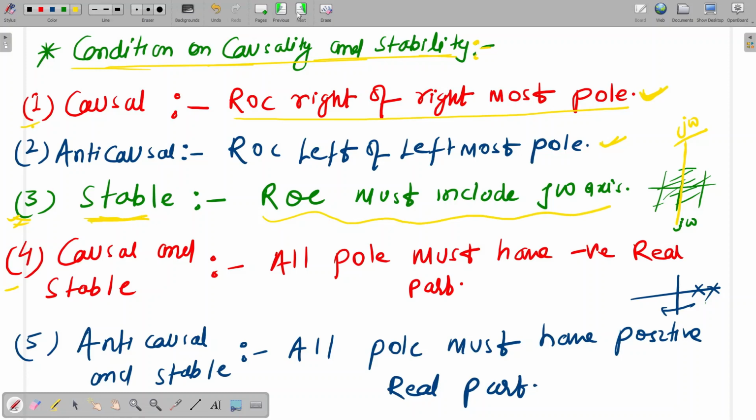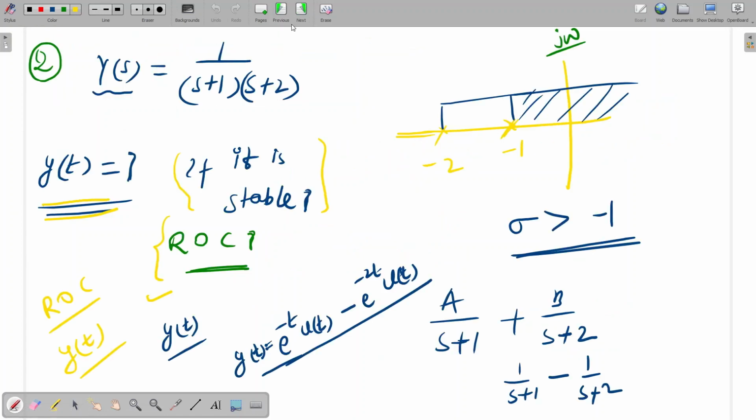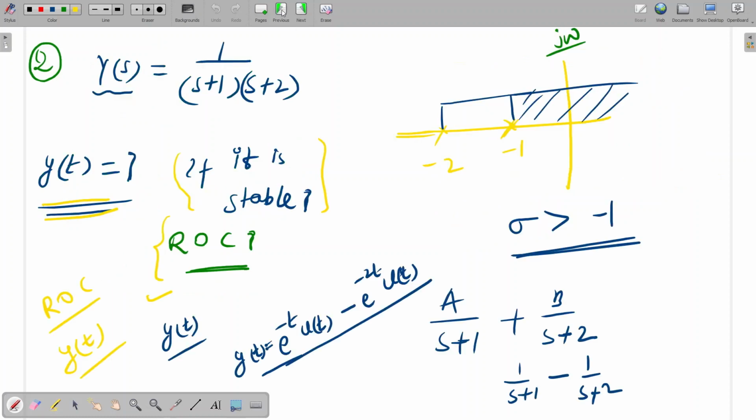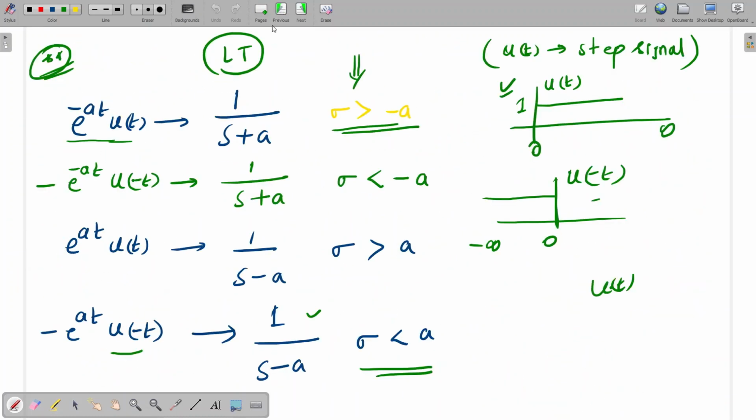The same S domain transfer function can give different time domain functions based on the ROC. For a step function I have already written some formulas here. For both, the Laplace transform will be 1 by s plus a.